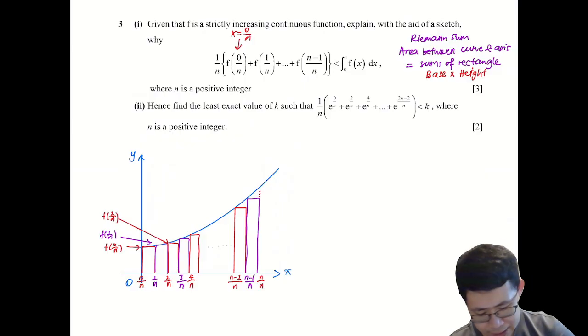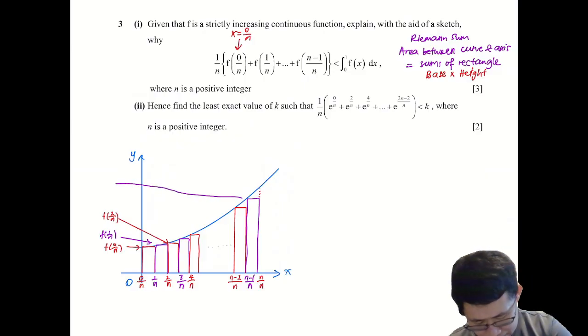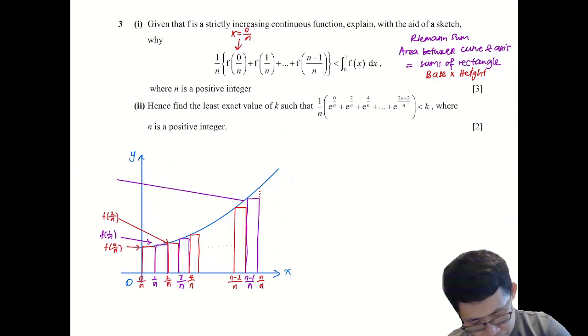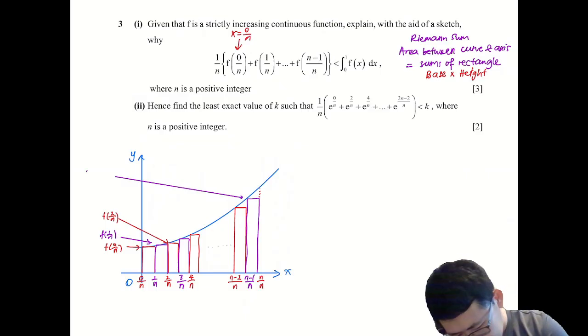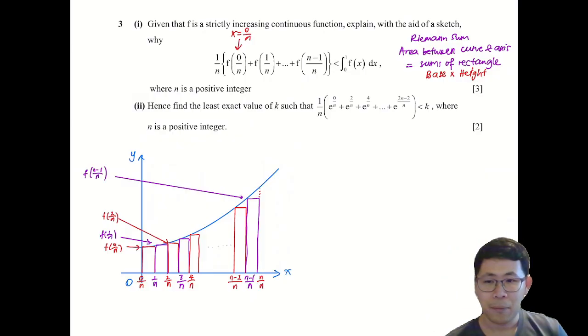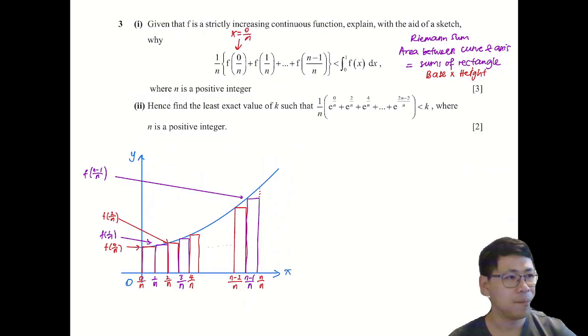Hopefully you can see this. And last but not least, let me shift this a little bit, this last height over here is f of n minus 1 over n. So these are the various heights from the graph.